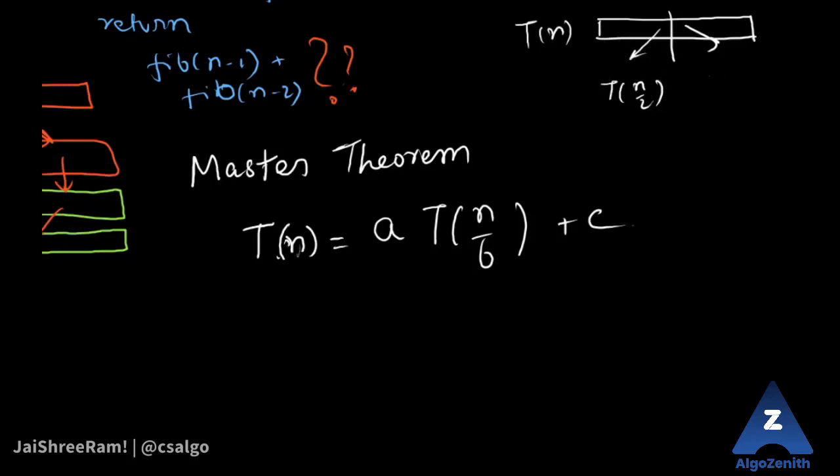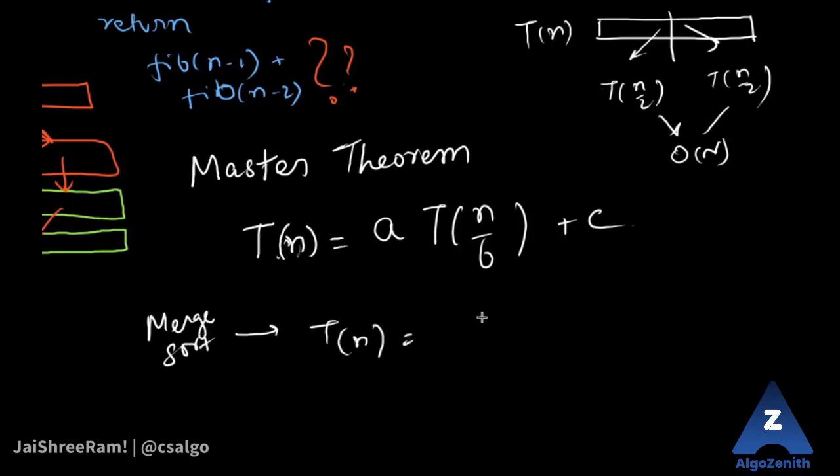Then you merge them using order n, because there is a merge routine in merge sort which takes order n. So for merge sort, the recurrence would be T of n equals 2 times T of n by 2 plus order n, since there are two separate instances that you call. This is the time complexity that you need to solve, and this is exactly of this form, right?